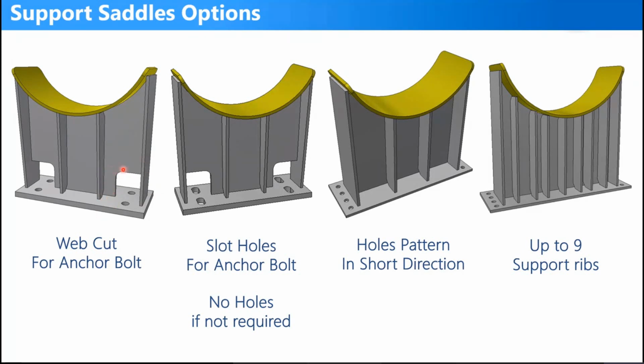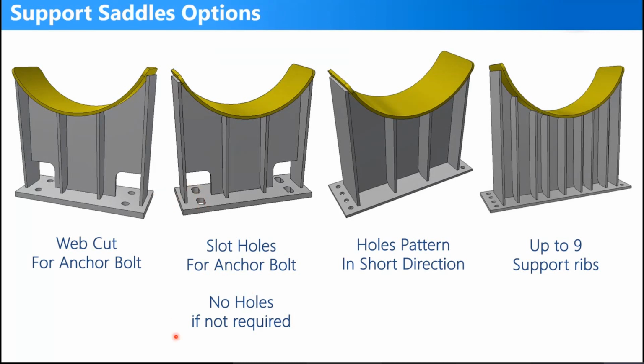And if you have a saddle with a sliding plate, like a Teflon below it and another fixation, you will not need holes, so you can make this saddle without any holes. It's an option. You can control the pattern of the holes, whether on the short side or on the long side, so you can make a hole here or there.